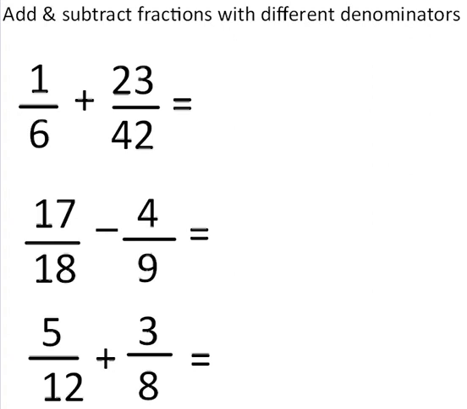Right, you cannot add fractions as they stand if they've got different denominators. We're going to have to do something about that so that they both sit over the same denominator. Right, let's just get things ready. What I would tend to do is look for a common multiple, a number that they both go into, a number that appears in both the times table of 6's and the times table of 42's.